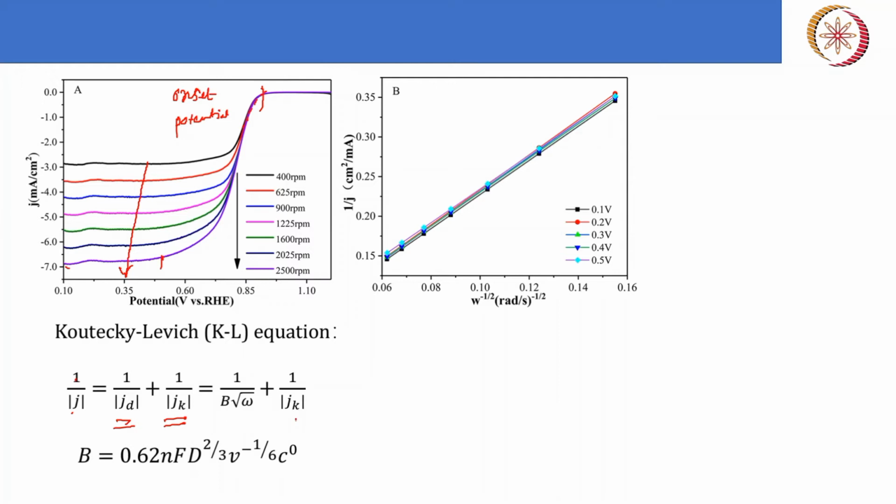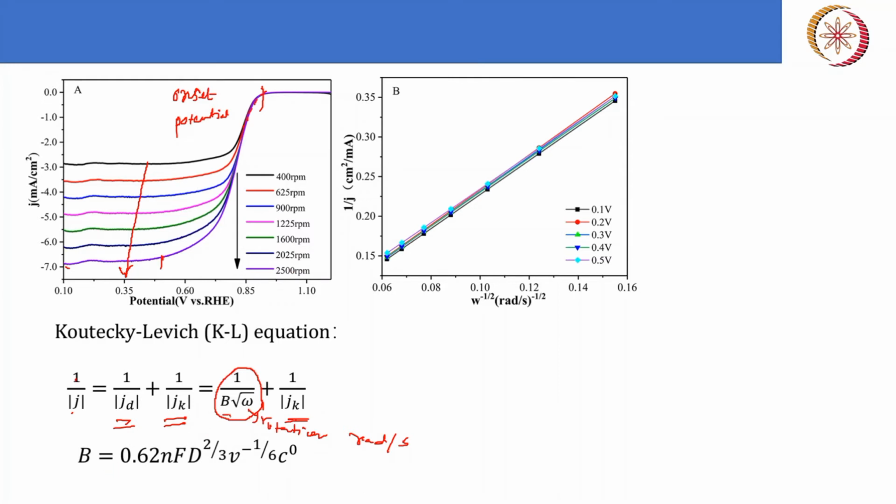So this kinetic control process and the diffusion process depend on this 1 by B omega. Omega is the rotation speed, which is in radian per second. So the unit is radian per second. Here it is rpm, rotation per minute, and here radian per second.